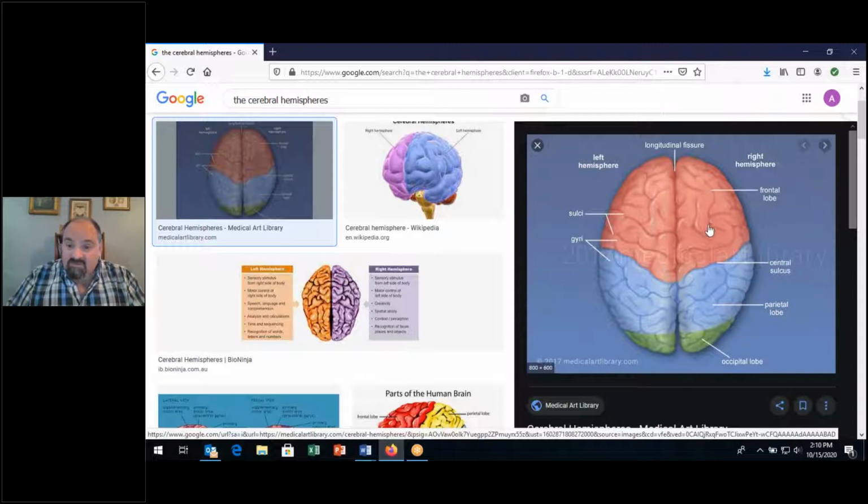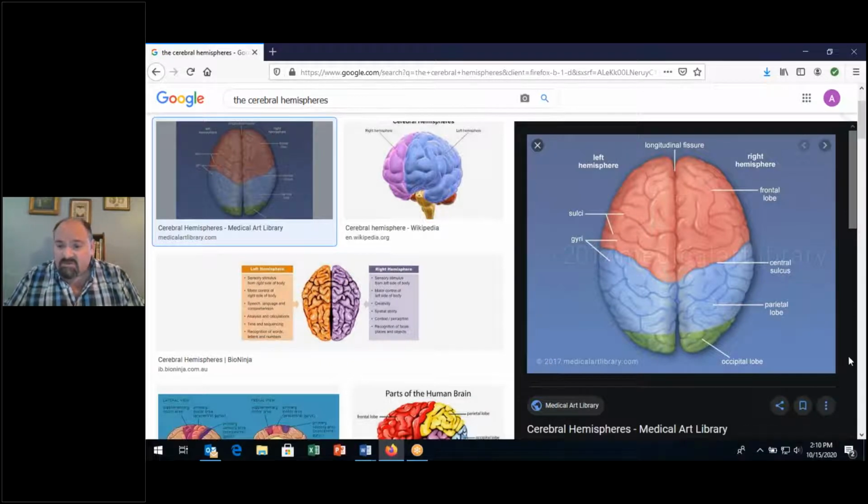You'll see we have these gyri, these folds, and these indentations, these sulci, or sulcus singular, or a gyrus singular. And we have this longitudinal fissure, which helps to separate the cerebral hemispheres from each other. Then there's a connection between them called the corpus callosum, which we'll notice in a few minutes as I show you the image that I have prepared for you all.